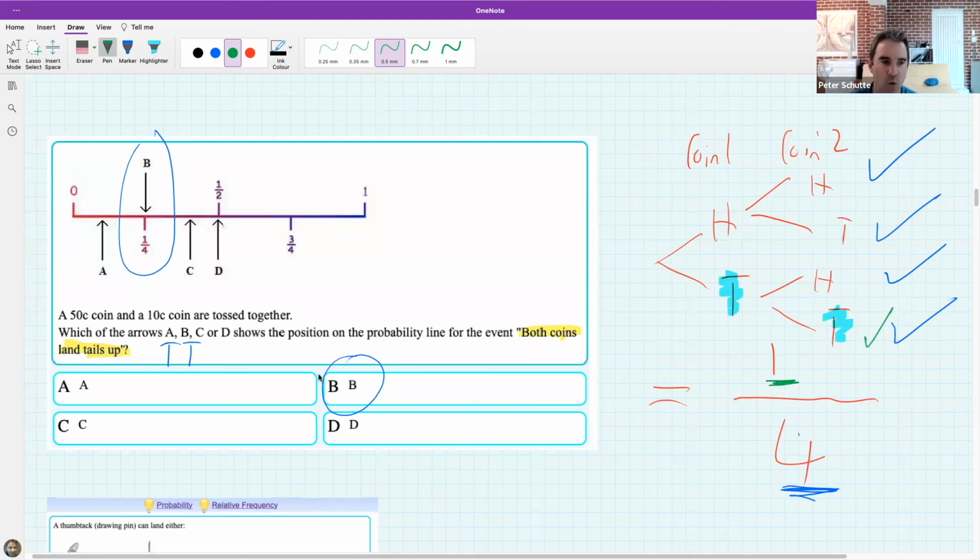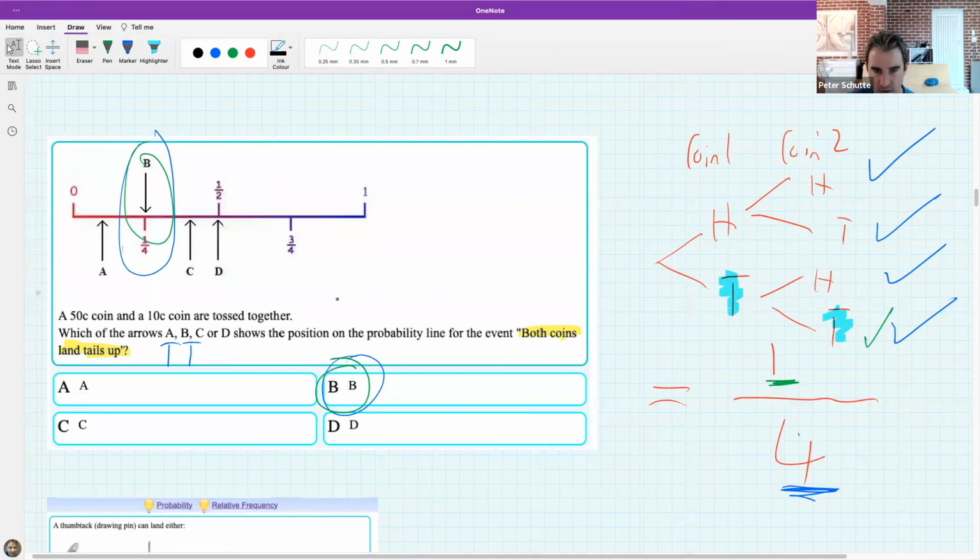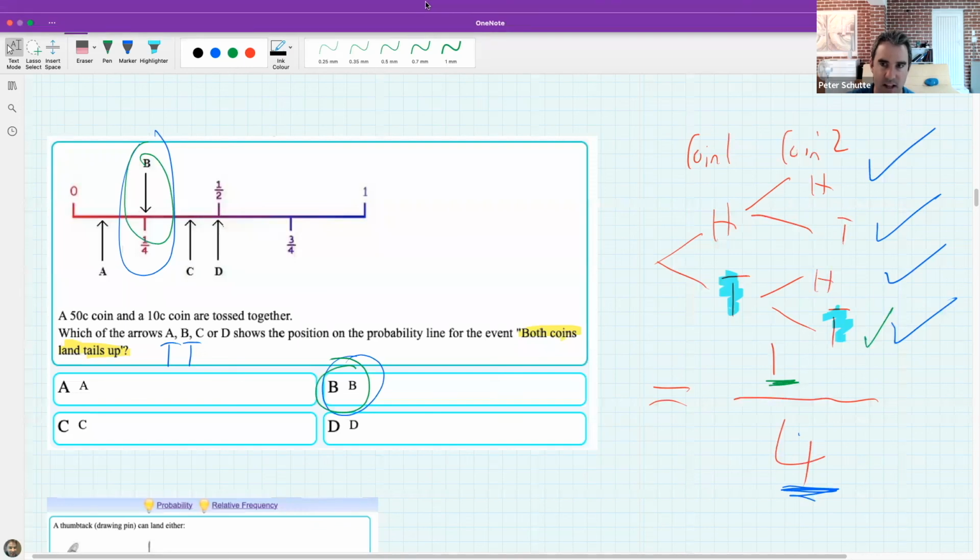And 1 out of 4 is just option B on the probability scale. So again, we always come back to how many possible options there are, and we need a way of counting or visualizing them. In this case, we used the tree diagram, but there are other ways. And then how many options were favorable for the question? And we went from there.